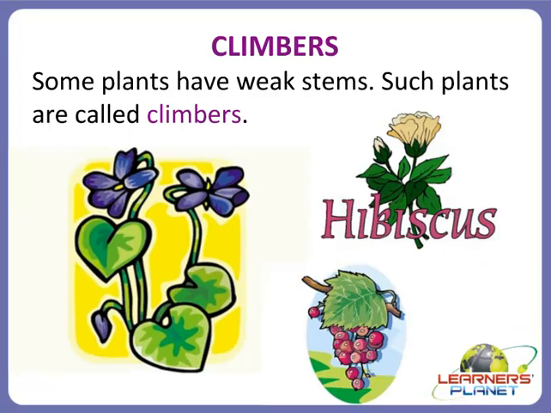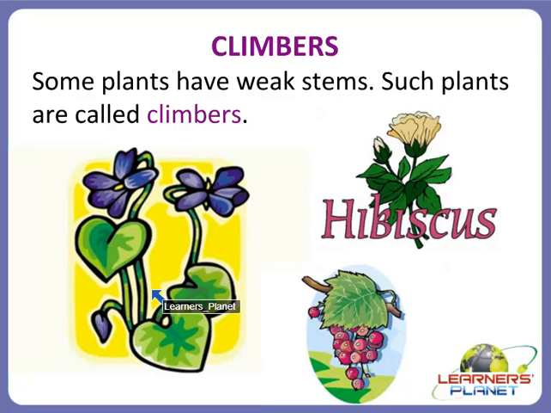The next type is a climber. So children, some plants have weak stems. So such plants are called climbers. For example, see the picture.